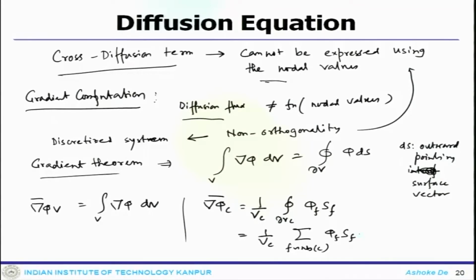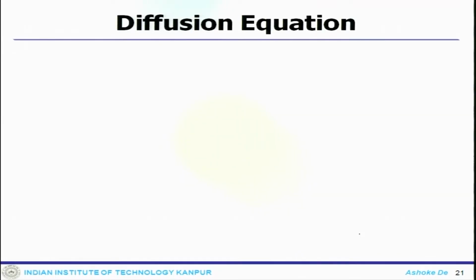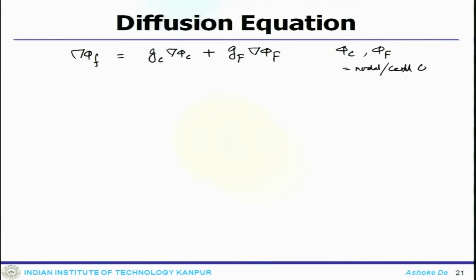Now, what one can do, the gradient at the face can have two contributions, one is G c delta phi c plus G f delta phi f, where phi c and phi f are the nodal or cell center values.